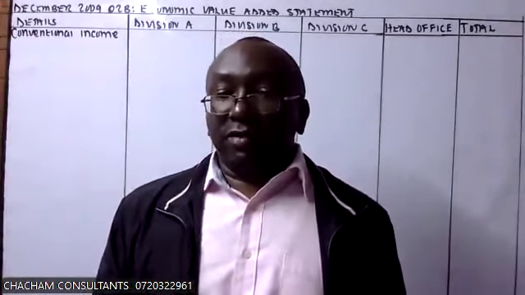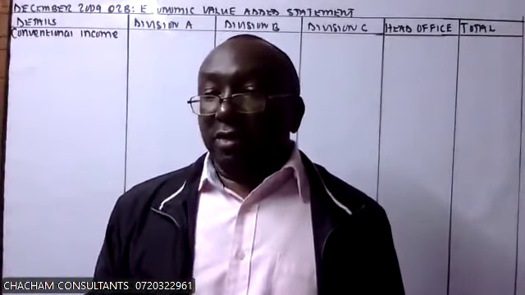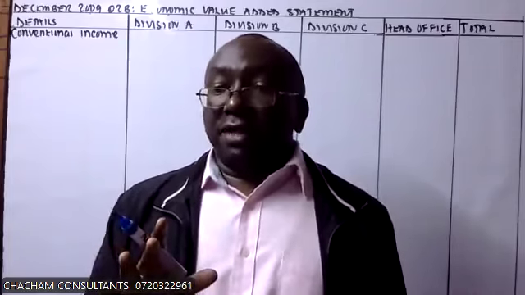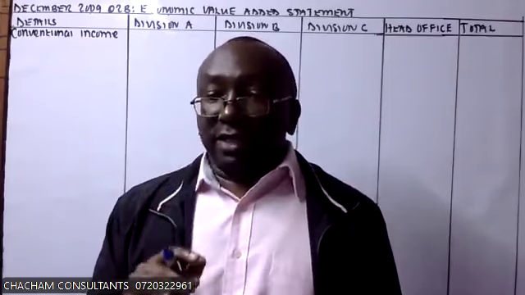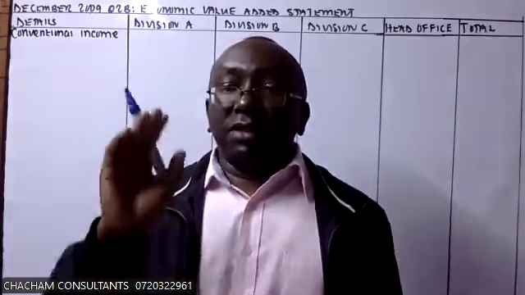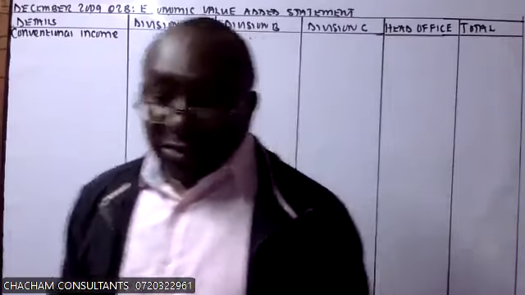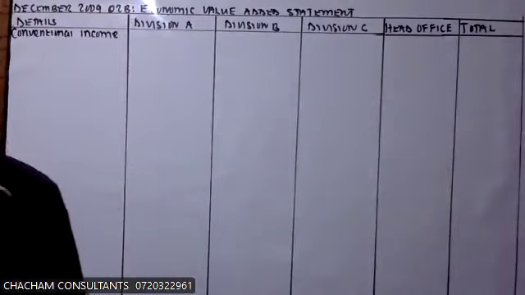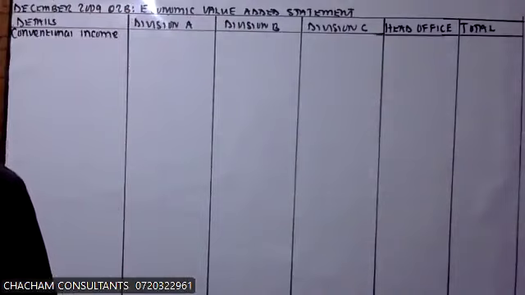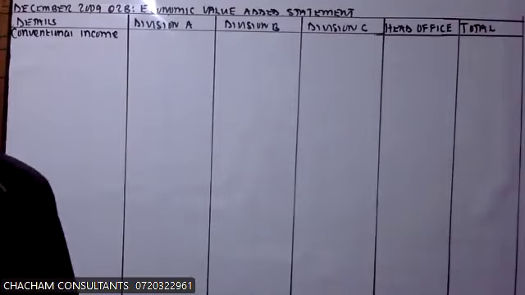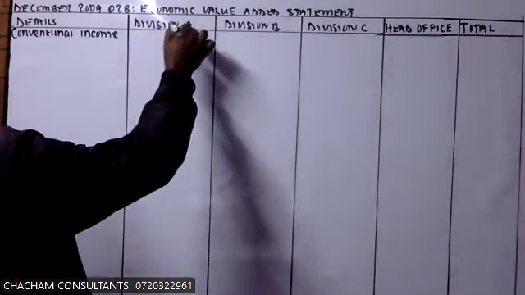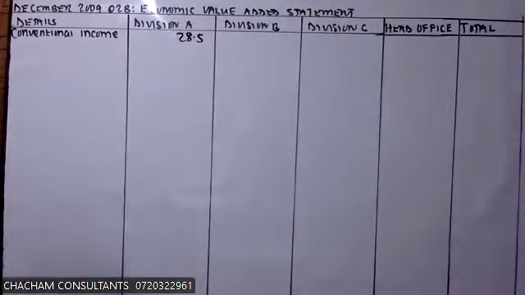But where you have started, you know what has been subtracted and what has not been subtracted. So in our statement here, we are going to use the profit before tax and interest. A has 28.5.